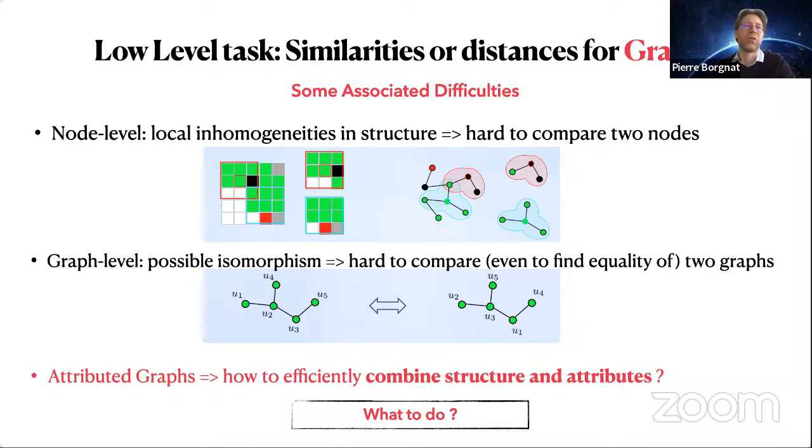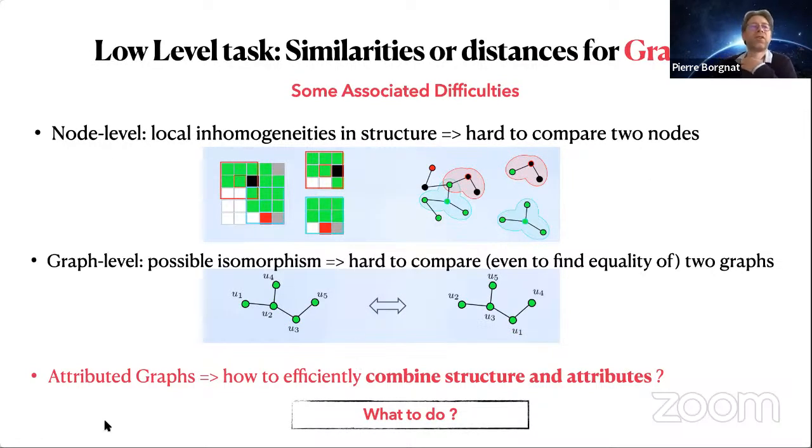And at the graph level, we know that there is a difficulty: the possible isomorphism, which is a hard question to solve. It's hard to confirm the equality of two graphs. It's a well-known problem of finding whether two graphs are isomorphic, even though we know that there are good heuristic algorithms, and I will say a word about that.